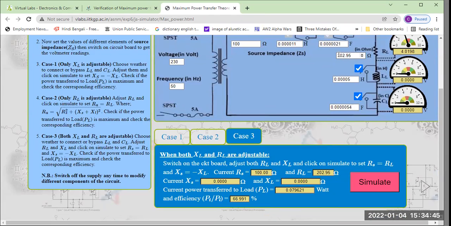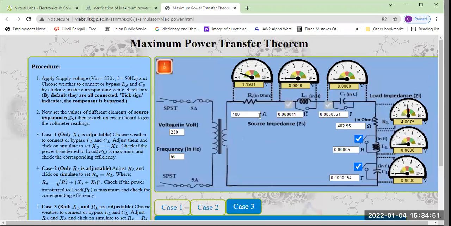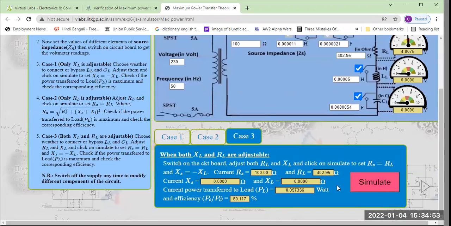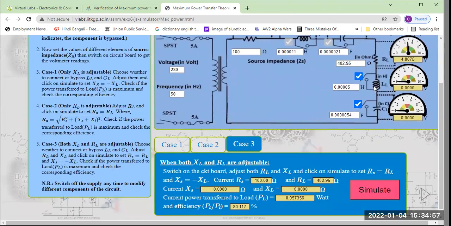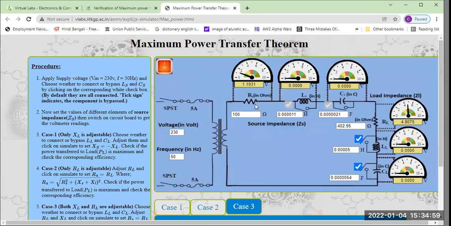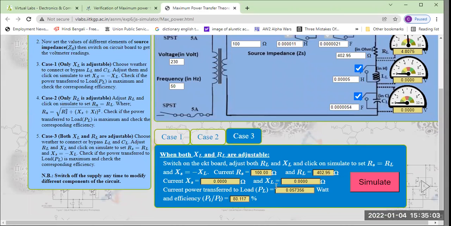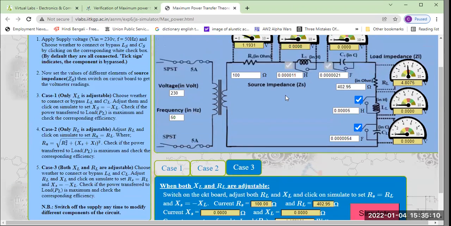If I change this, just make it 4 and simulate it. Look, there is 80%. 80% efficiency means your load is consuming 80%, but this internal load is consuming 100 minus 80.117, which is around 19 point something.